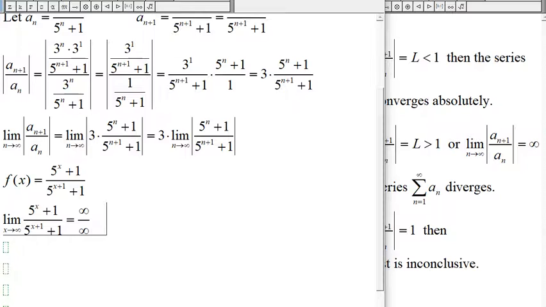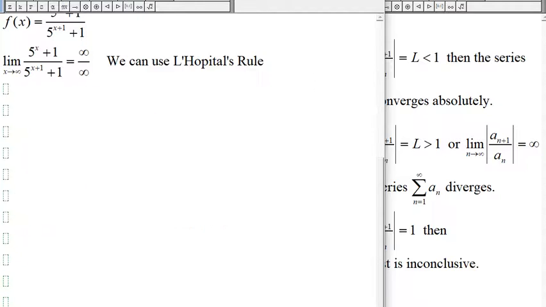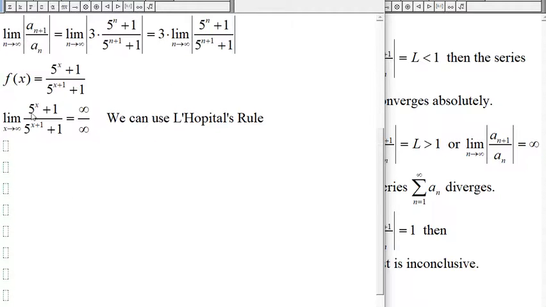So right here, we can use L'Hopital's rule. What that means is that we can take the derivative of the top and the derivative of the bottom.